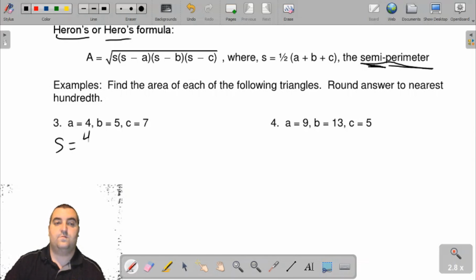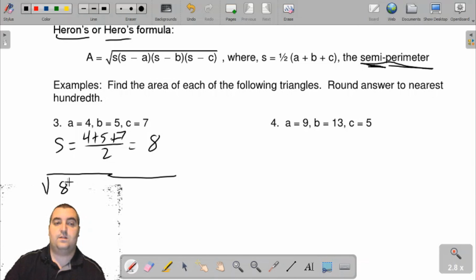So I'm going to do 4 plus 5 plus 7 over 2. That's 9, that's 16, over 2 is 8. Then I substitute it into the area formula: 8 times 8 minus 4 times 8 minus 5 times 8 minus 7.